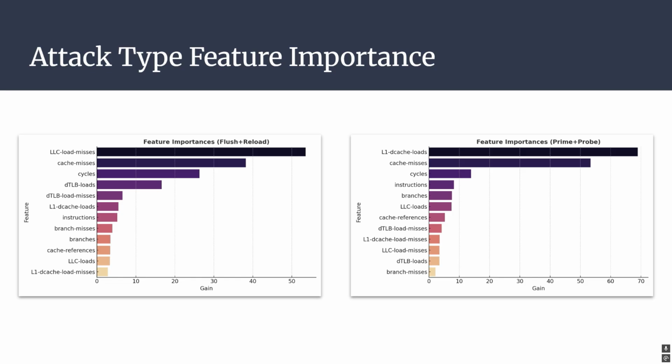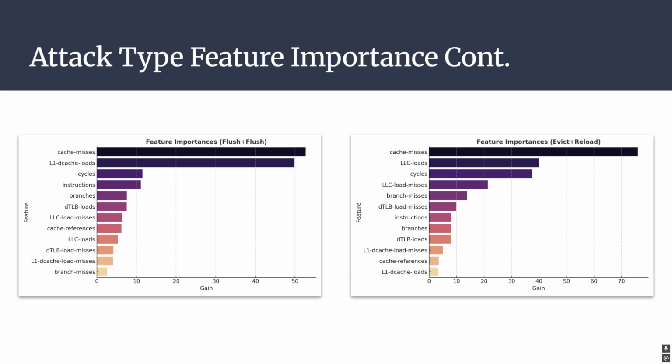Continuing with the remaining attacks, Flush Flush shows surprisingly high cache misses and L1 Dcache loads, though this attack kind of avoids reloads. This may be due to indirect noise from the attacker's loop, as it runs on an infinite while loop, and memory flushing. For Evict Reload, we have high cache misses, LLC loads and cycles. This attack manipulates and then monitors memory, producing consistent eviction footprints.